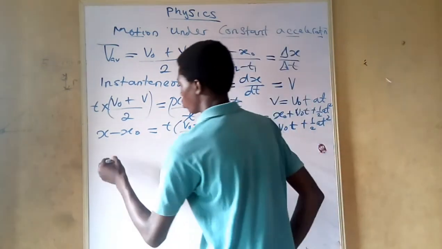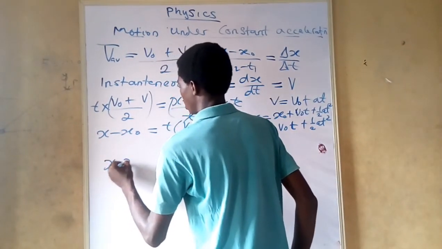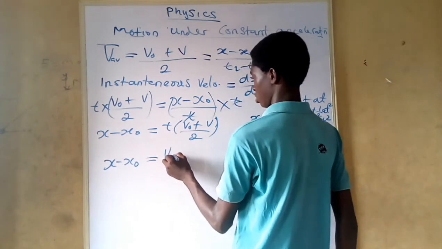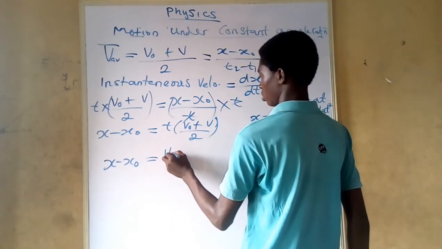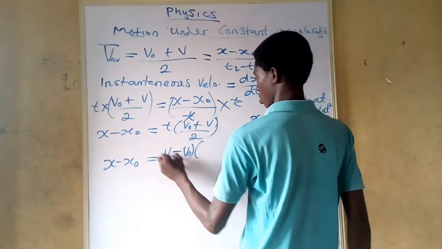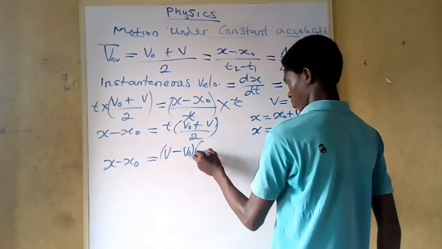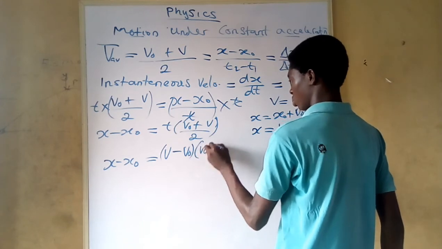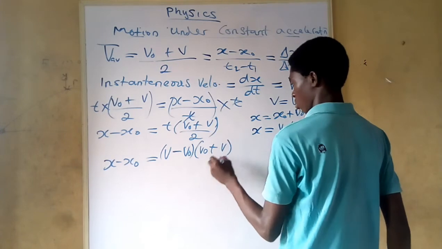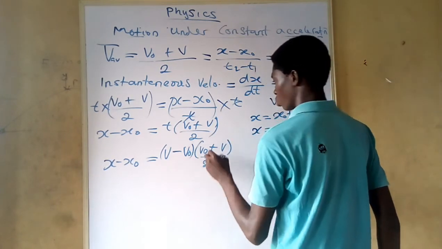So this is going to be x minus x naught equals V minus V naught into V naught plus V over 2, and this is over a.